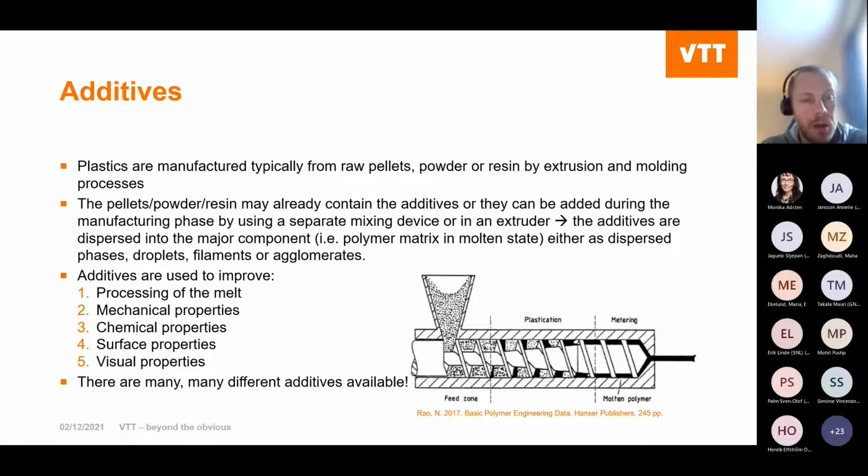And there are a lot of different additives available. I was reading from one reference from year 95 that 13,000 different additives had been identified at that time, and the amount of additives has been increased significantly since. So there are many different types of additives available on the market.